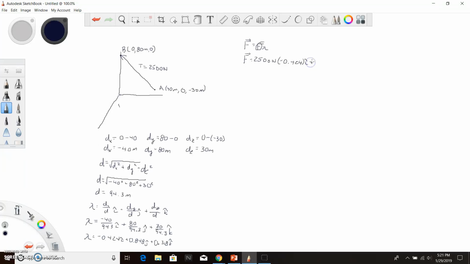Then I take 2,500 again, multiply it by the y part of lambda, 0.848 j hat, plus 2,500 newtons again multiplied by the z component of my unit vector, 0.318 k hat.